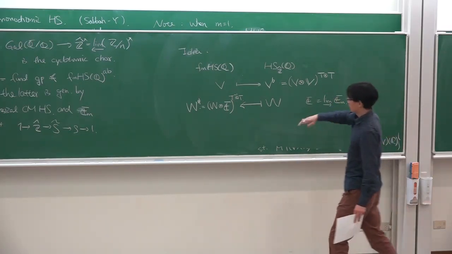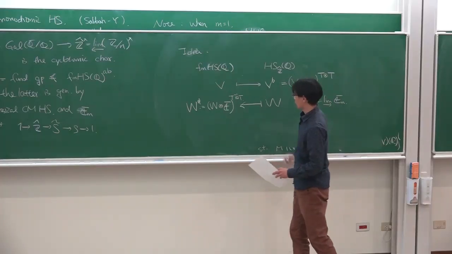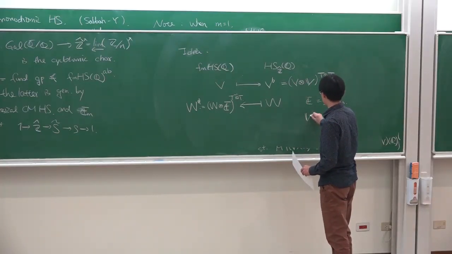We just consider all the possible denominators for the Hodge decomposition, and then this E is the dual version.